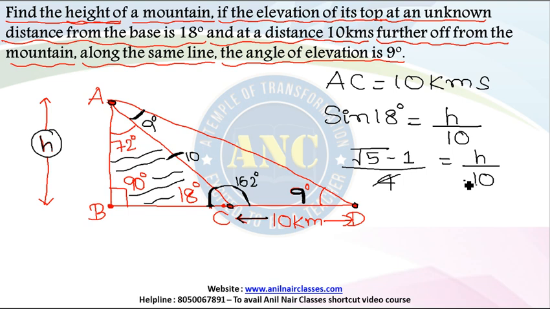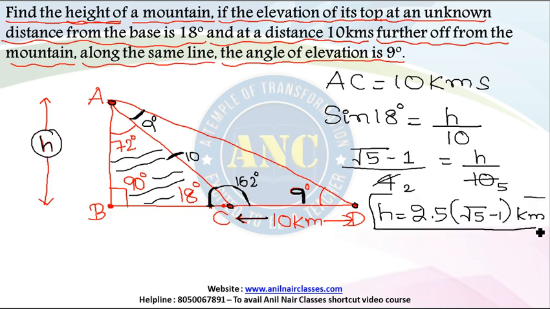This is 2 into 2, this is 2 into 5. Final answer will be H is equal to, this 5 will go to the left hand side, it becomes 5 by 2, or it is 2.5. 2.5 times of root 5 minus 1 kilometers, and that is what they are asking you in the question. Find the height of the mountain, which is represented as H.